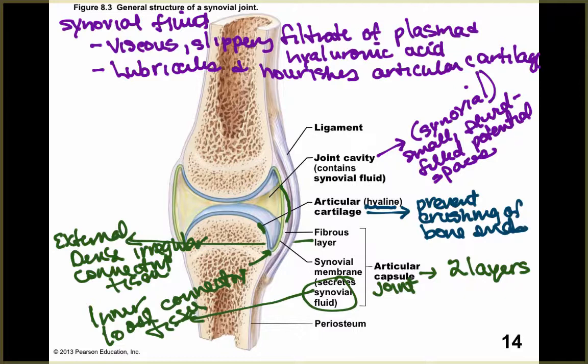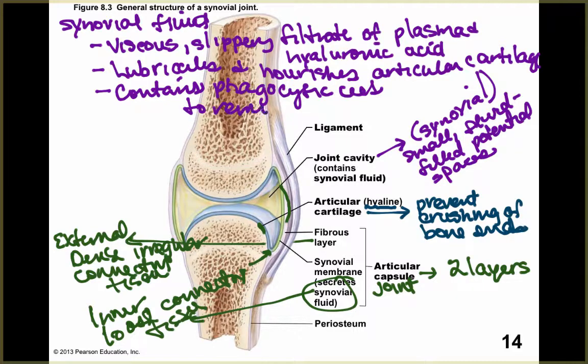Phagocytic cells are those that come up and eat or remove things that can be detrimental to the area. So it removes microbes, which are bacteria, and debris.